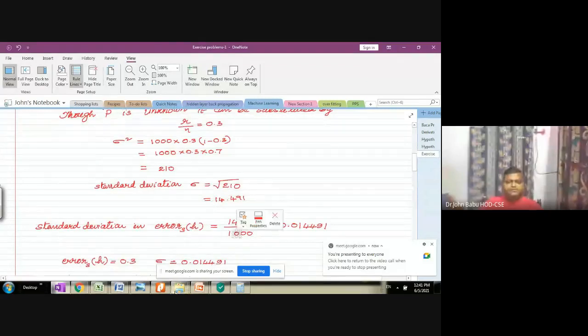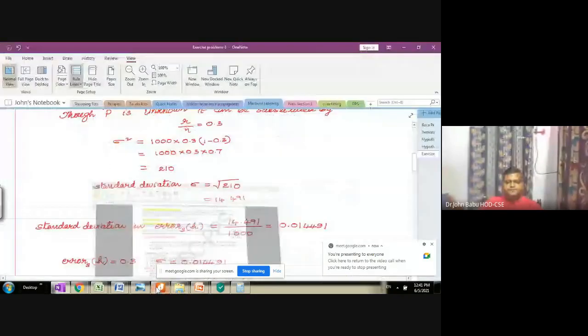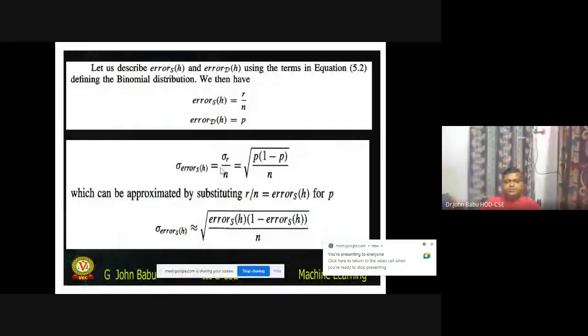That's what we have done here. So sigma r, standard deviation by number of samples.